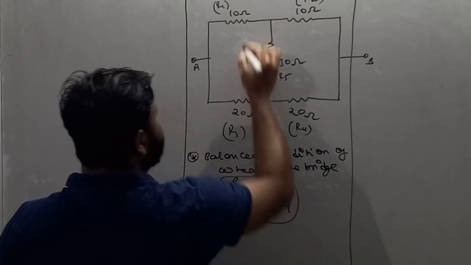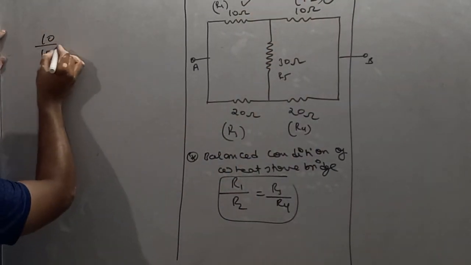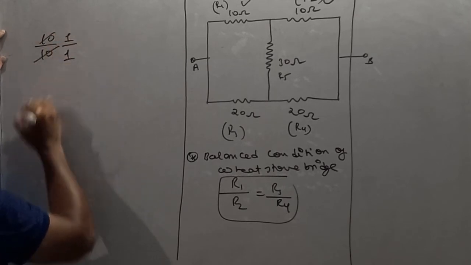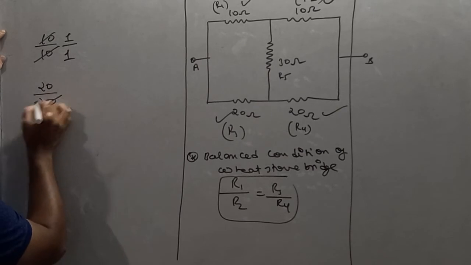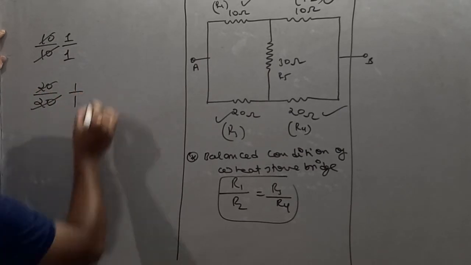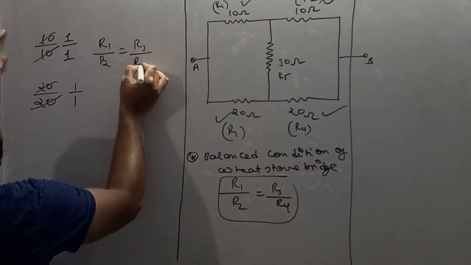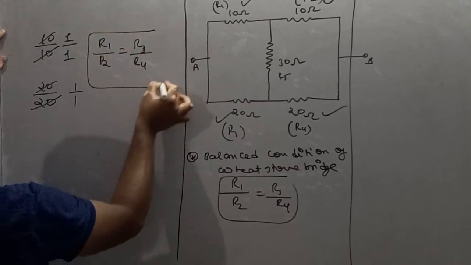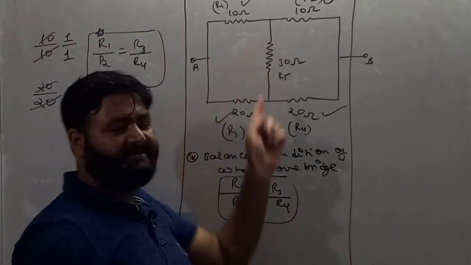You have to check. So R1 by R2, that is 10 by 10, becomes equal to 1 by 1. R3 by R4, 20 by 20, again becomes 1 by 1. So here, my dear student, R1 by R2 is equal to R3 by R4. If this happens, then we can say the Wheatstone bridge is balanced.